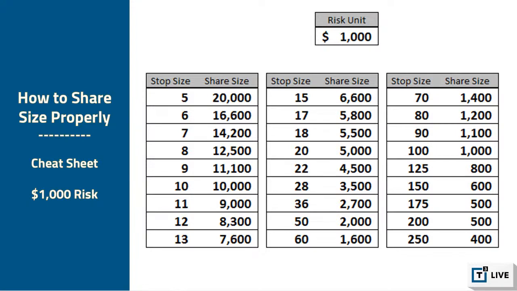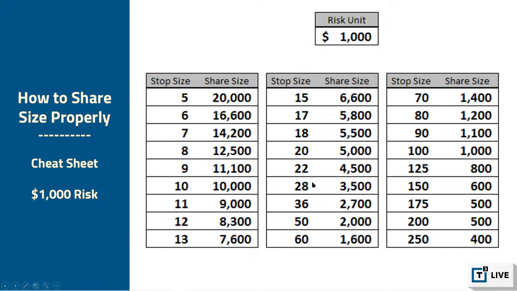This way you can just print it and tape it to your monitor or your desktop. So in this case, for $1,000 risk, I can tell what the share size should be based on the stop size. So of course $1,000 divided by 5 cents is 20,000 shares, right? 6 cents, 16,600. I may not know what 1,000 divided by 6 cents is without using a calculator. In this case, it does the math for me.